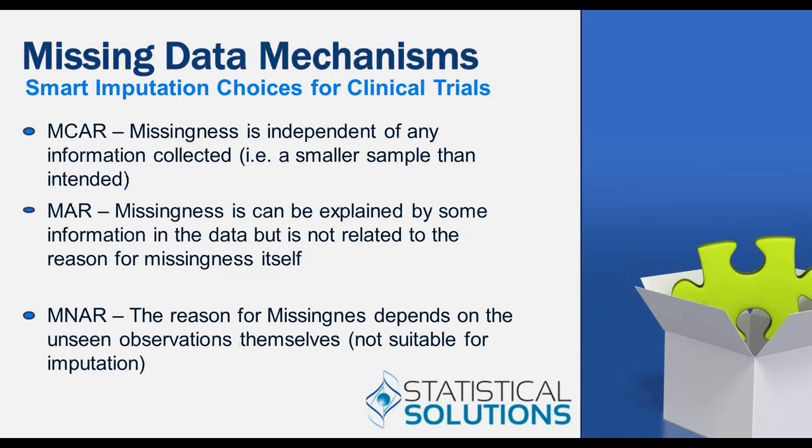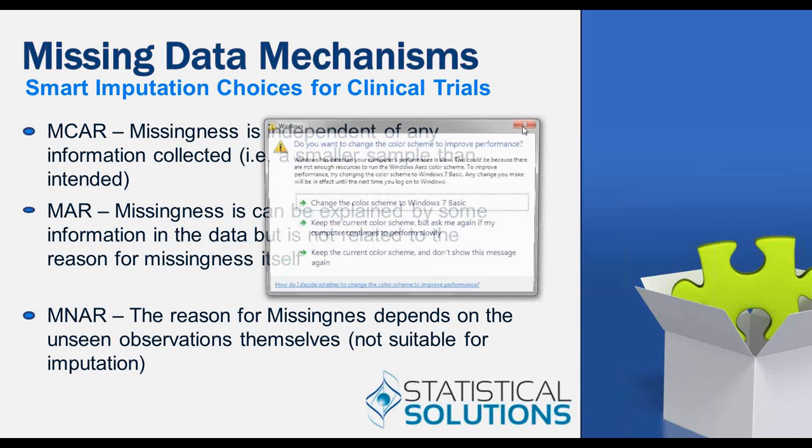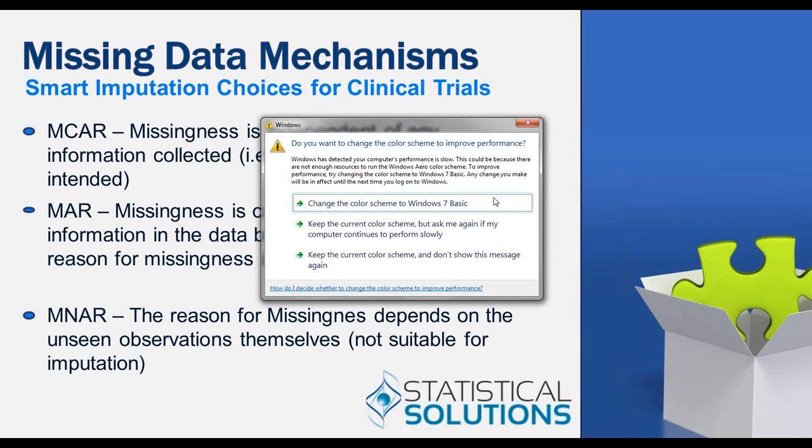So just to define first what the missing data mechanisms are. This would almost be the first point when you're looking at your data once you've collected it. We're looking at missing completely at random, where the missingness is independent of any information that has been collected within the data set.